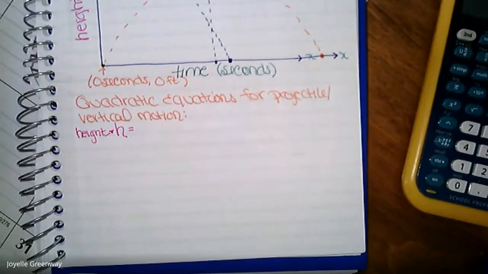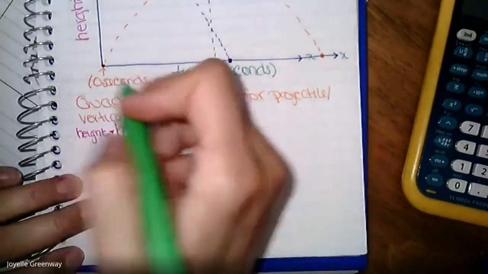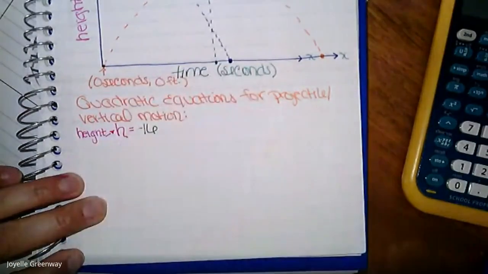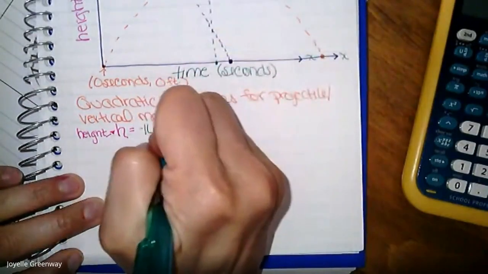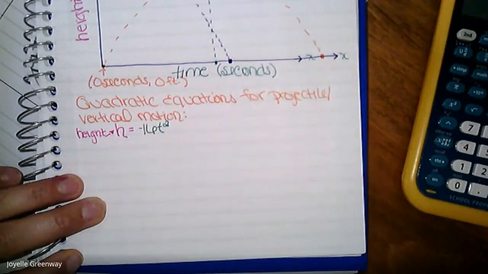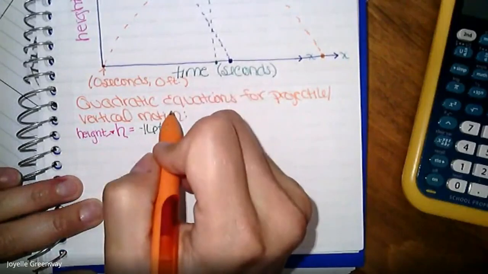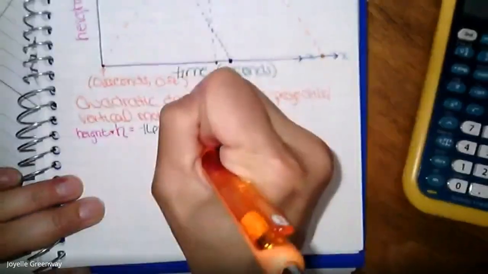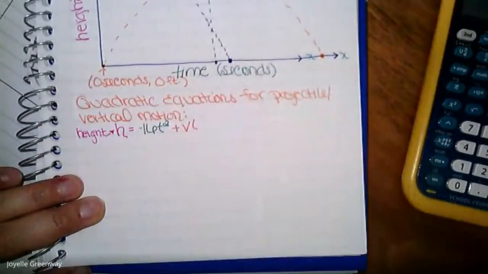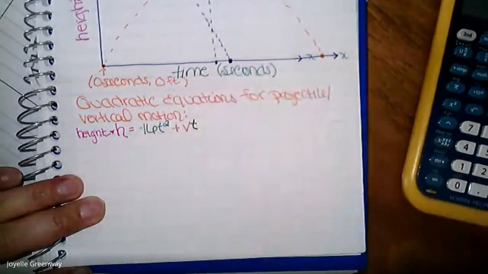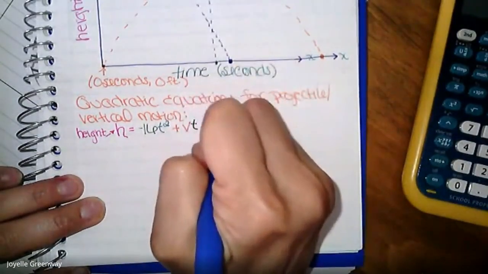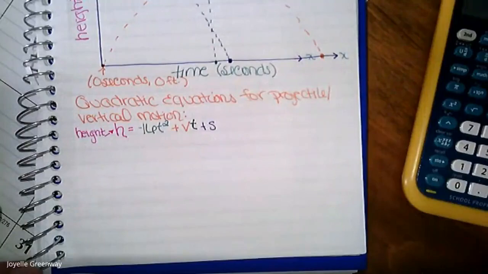So your height equals negative 16 t squared plus your velocity, so V times T, plus S. So I'm going to take you through this.